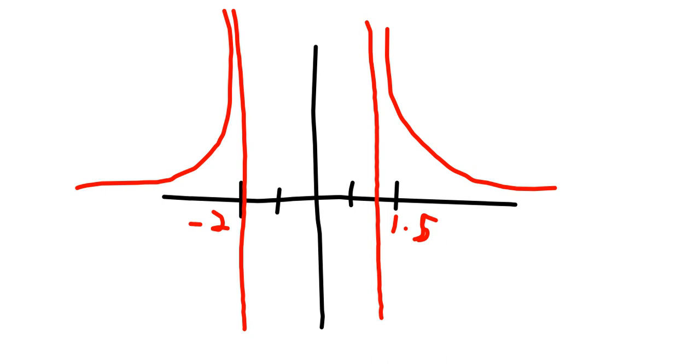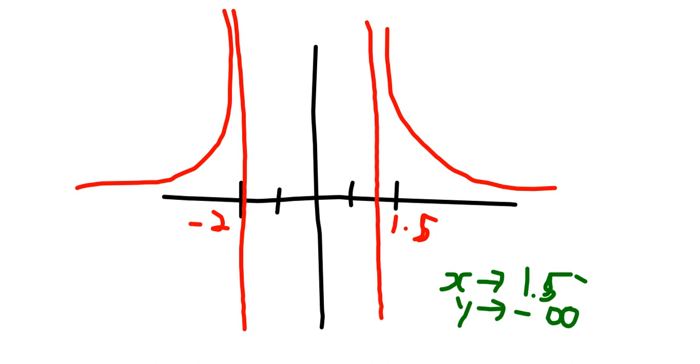is as we approach 1.5 from the left, so as x goes to 1.5 from below it, like 1.4 and so on, y is going to approach negative infinity. You can plug in values to verify that for yourself.